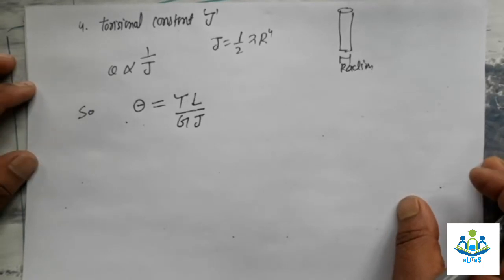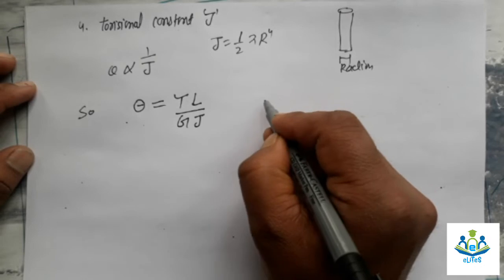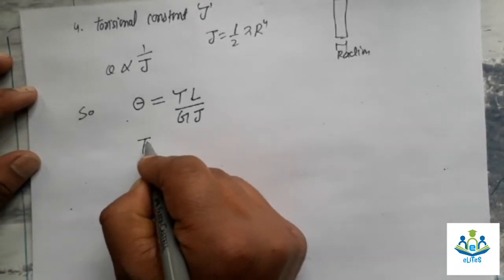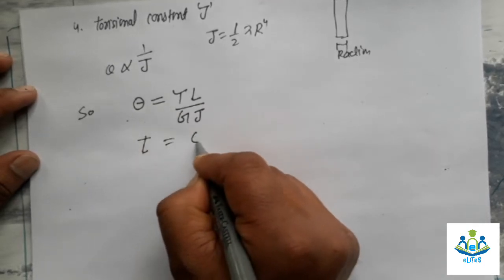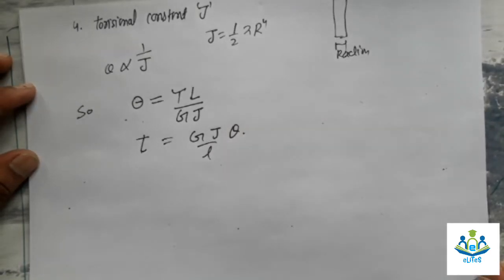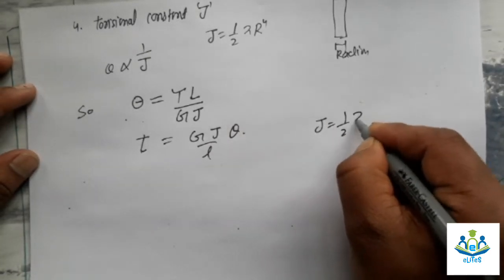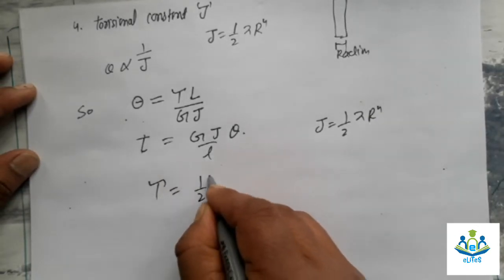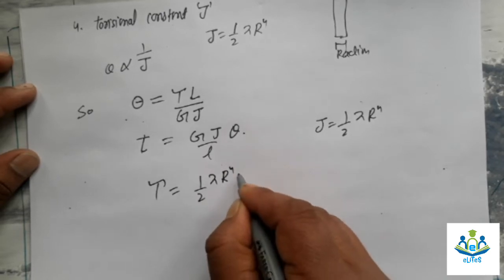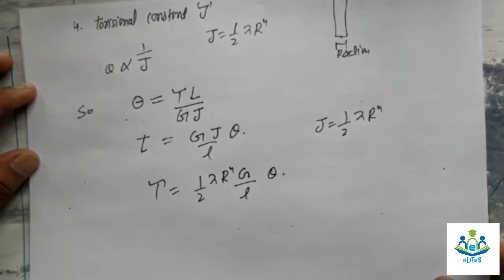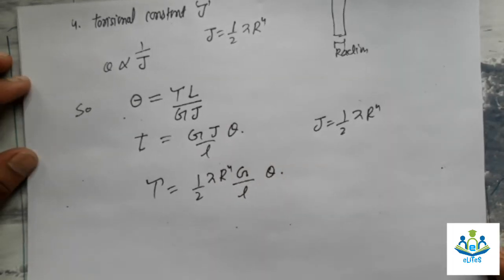Okay, here we can find the torque. So torque is G J over L times theta. J is 1 by 2 pi r raised to power 4. So torque is 1 by 2 pi r raised to power 4 G over L times theta. This 1 by 2 pi r raised to power 4 G by L is constant.